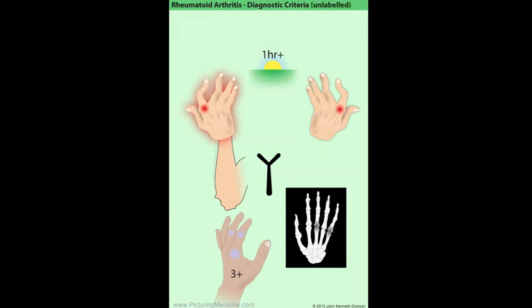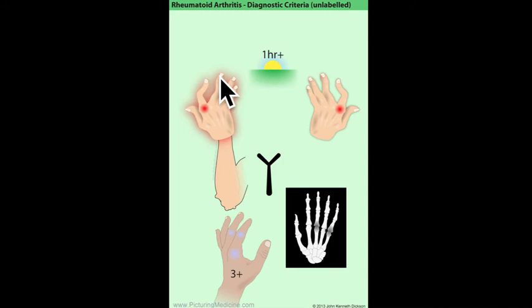So again, let's just remove the labels and just focus on the image to help us be able to recall these different criteria. And there are 7. So we'll start at the top. We've mentioned already morning stiffness affecting the joints, which should be for at least an hour to tick that criteria.